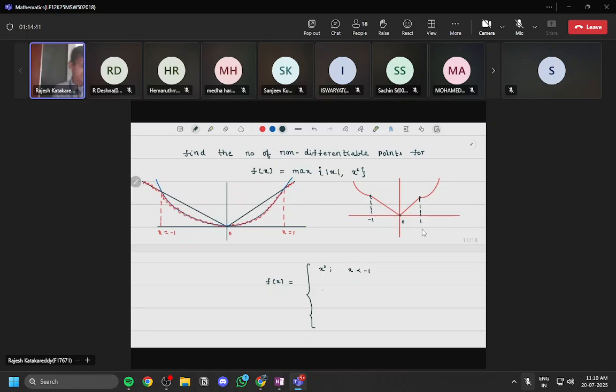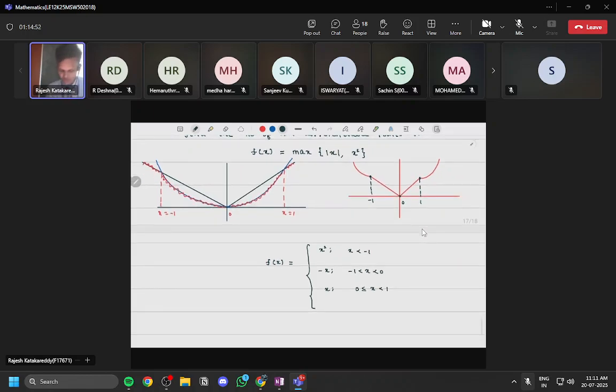And it will be mod x, I'm breaking again: minus x when -1 less than x less than 0, x when 0 less than or equals x less than 1, and then it will be x square when x greater than 1. The equality of -1 plus 1 can be anywhere because that is point of intersection. I can write equality here and I can also write equality here. Do you understand how I wrote here?